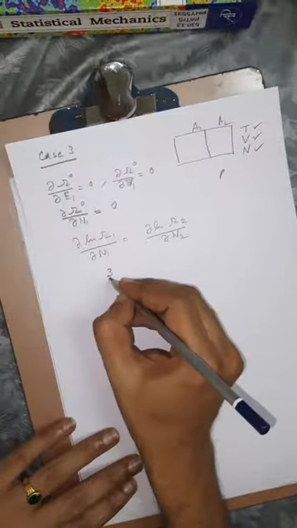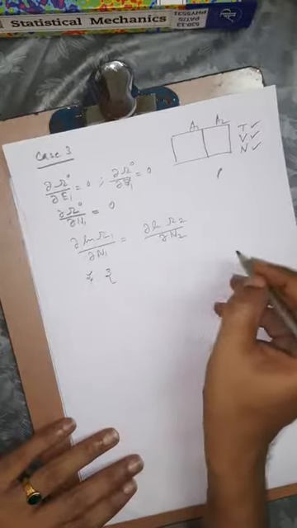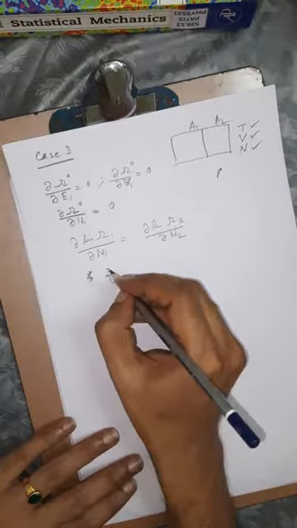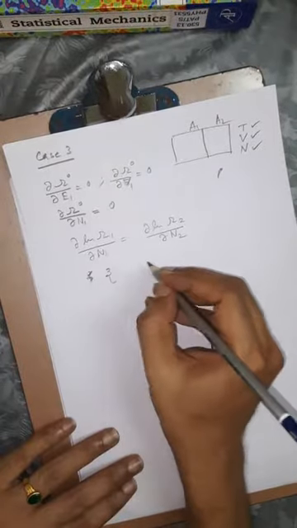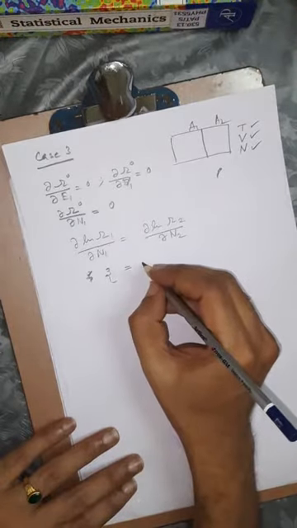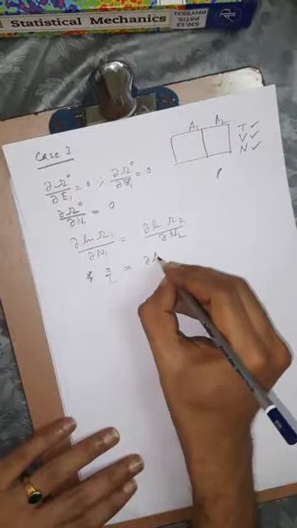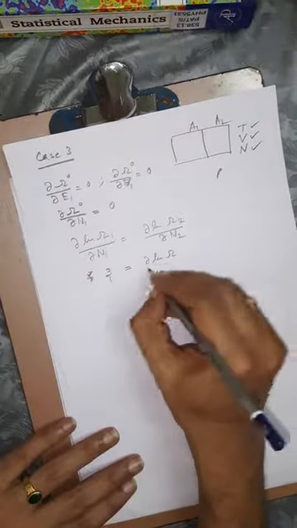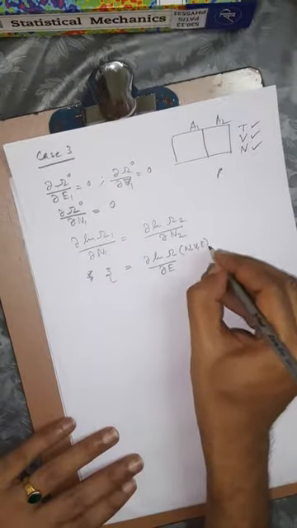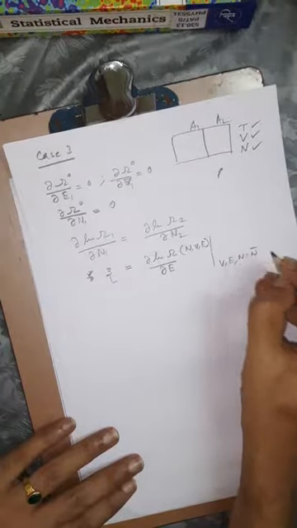I know that theta is not to be written like this. There is a better way to write the theta, but for my ease I always write the theta like this. But please remember that this is theta. So theta is equal to dou ln omega divided by dou n.